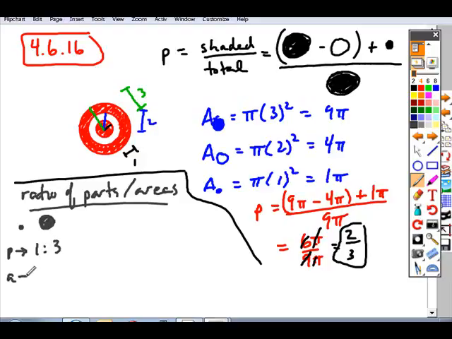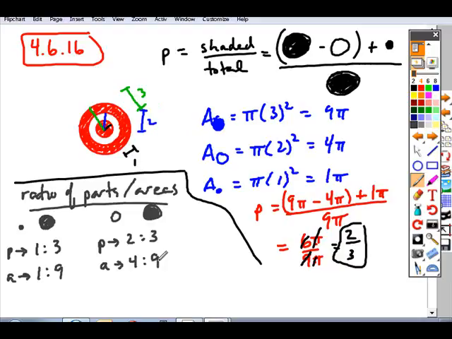What does that mean the ratio of their areas is going to be? 1 squared to 3 squared, so 1 to 9. And then if we look at the ratio between the parts and areas of the middle circle compared to that last circle, the ratio of their parts is 2 to 3. The ratio of their areas is 2 squared to 3 squared.